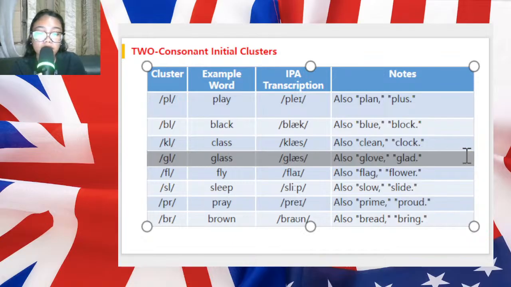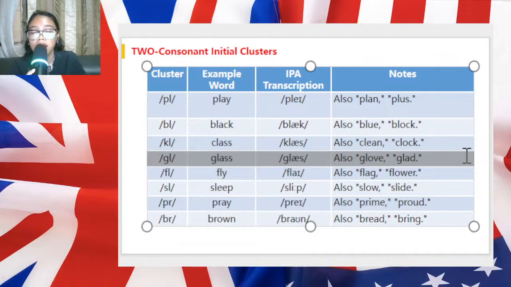From that voiced G, your tongue moves quickly to the L position, like glass. So pay attention to the clear, immediate connection between these two voiced sounds. This blend is also crucial in words like glove and glad. Let's say glove, glad, glass. Make sure that the gl sound is smooth and directly linked.